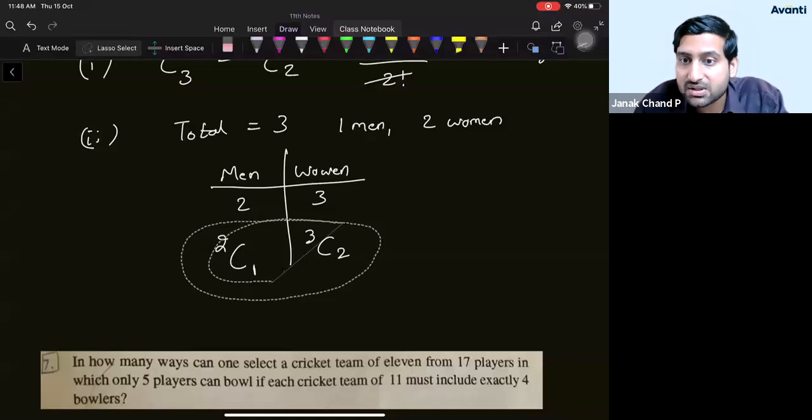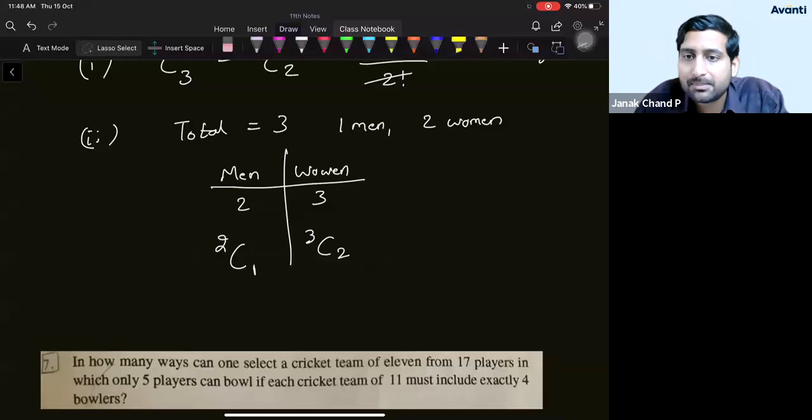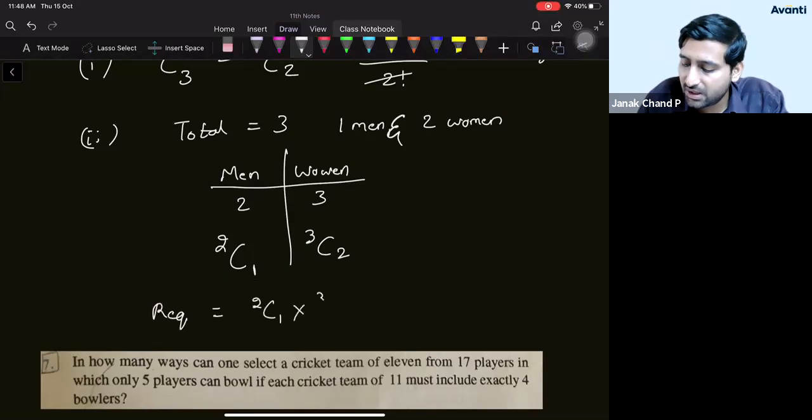Why multiplication? My task will be completed only when I choose 1 man and I choose 2 women, right? If I don't do the second one, my target of a total of 3 will not be done. So I should do this also and I should do this also. The final answer is the multiplication of these 2. So required is 2C1 into 3C2.